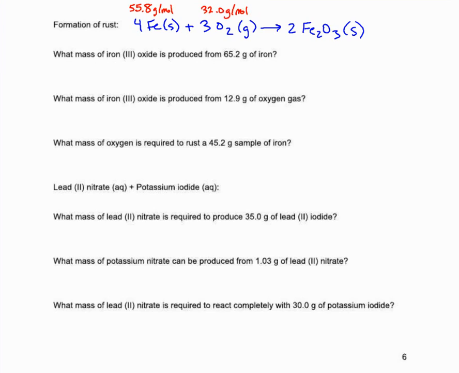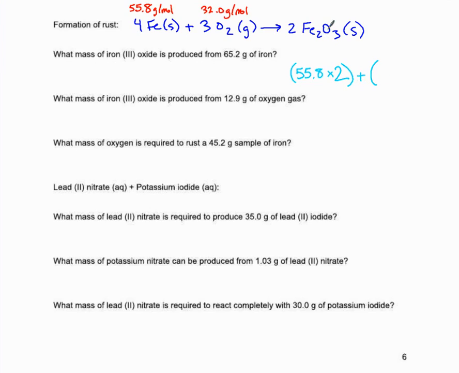Then we have Fe2O3, iron 3 oxide. A lot of you would use the table. I'm recommending that you stop using the table, and instead this is how I would do it. So I'm going to start with some parentheses, and this would go straight into my calculator. I wouldn't bother to write this down usually. Iron is 55.8 times 2 of them. 2 is the subscript. Close the parentheses.